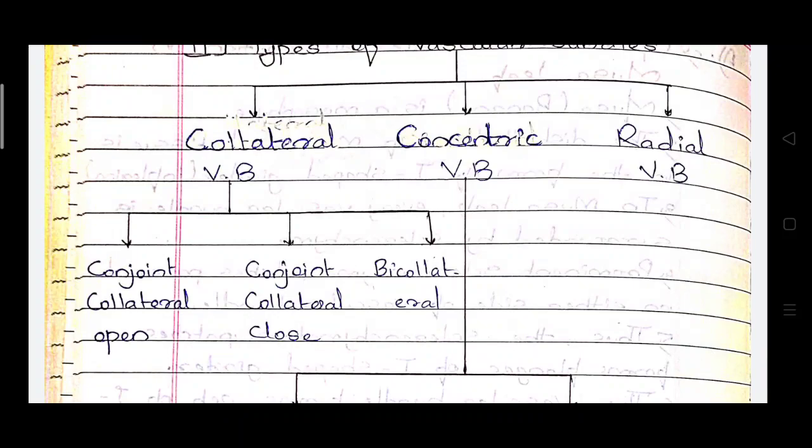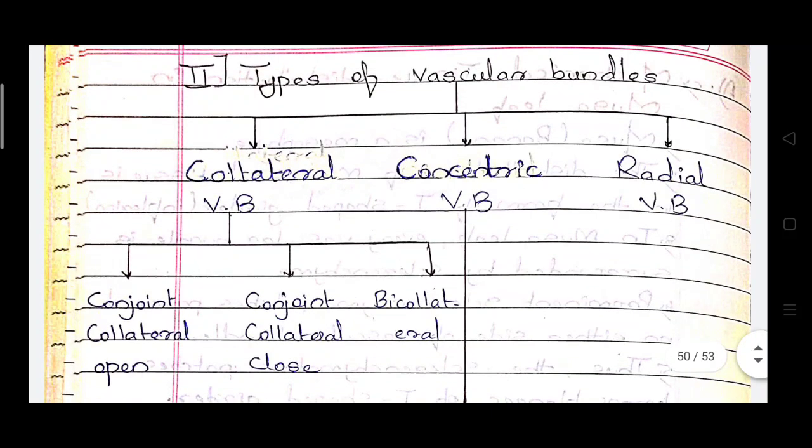Collateral vascular bundles are again of three types: conjoined collateral open, conjoined collateral closed, and bicollateral. Concentric vascular bundles are differentiated into two types, hydrocentric and leptocentric. In radial vascular bundles, the xylem and phloem are present in different radii. So this is about the types of vascular bundles.